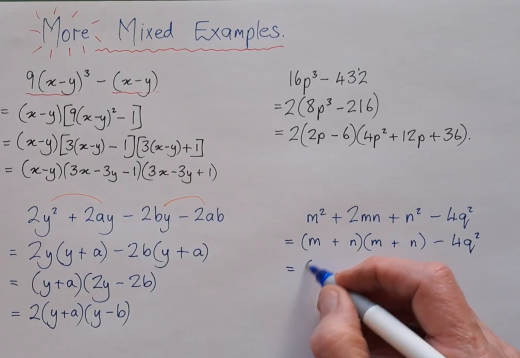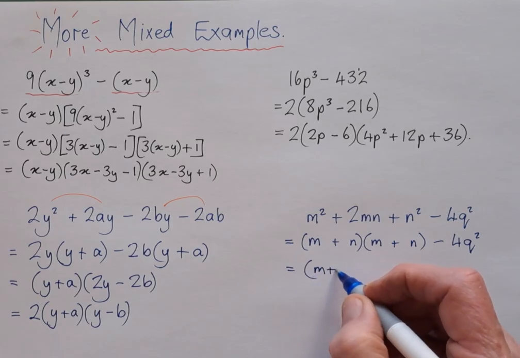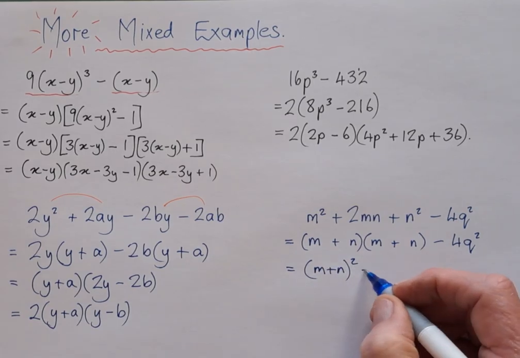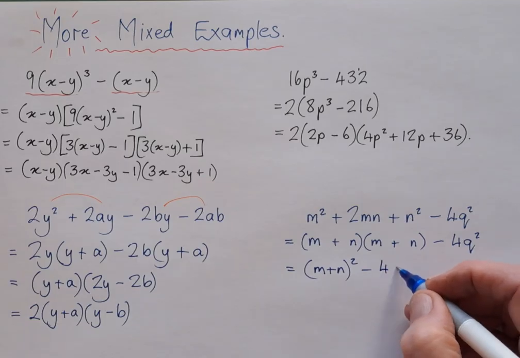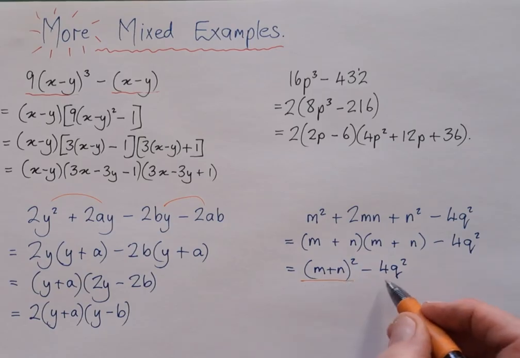So I'm going to rather write m plus n times m plus n as the bracket m plus n squared, because there are 2 of them, minus 4q squared. And now it should be jumping out at you that this is now turned into a difference of 2 squares, where I've got this as my first term and that is my second term.